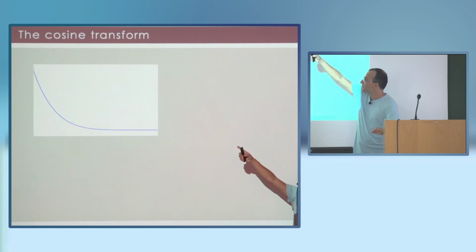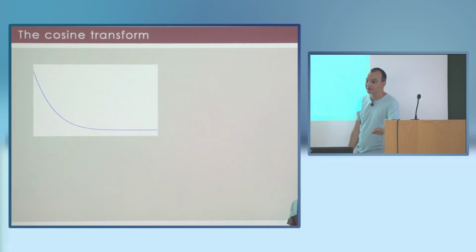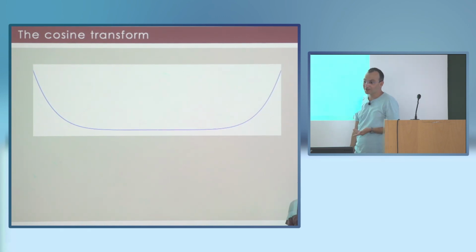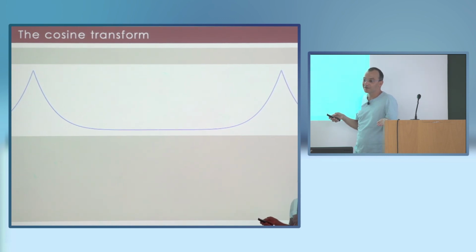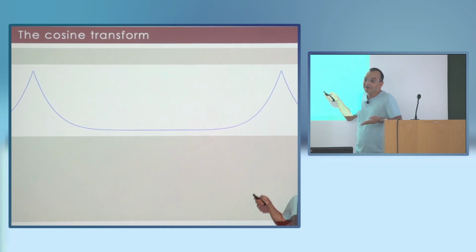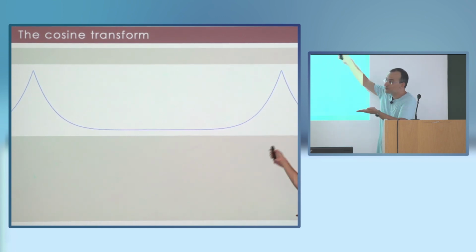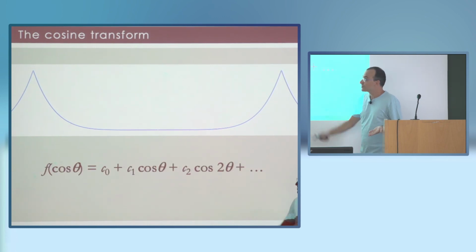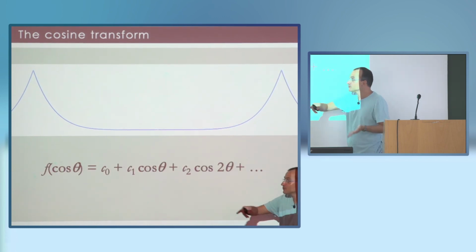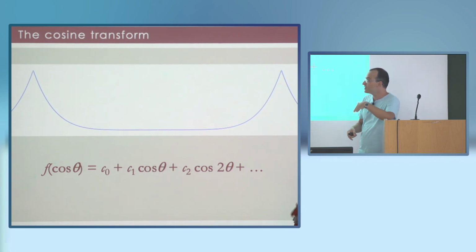So instead of applying the Fourier transform to this function, you take its mirror image, and you put it next to it. And now there are no discontinuities anymore. Okay? Now when I take a periodic function, it's continuous. And now if I take the Fourier transform of this function, it looks very nice. And this is what's called a cosine transform. So when you do the algebra, instead of it being a function over the complex circle, it's a function over real numbers.